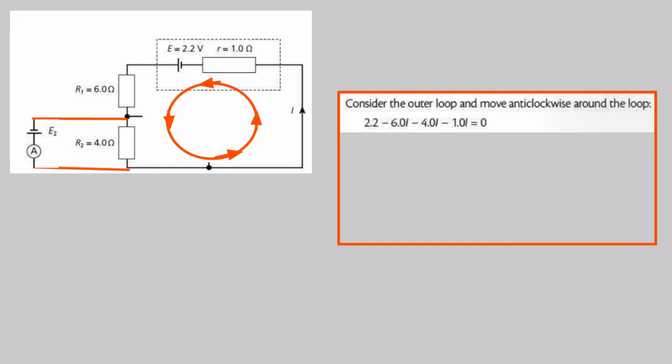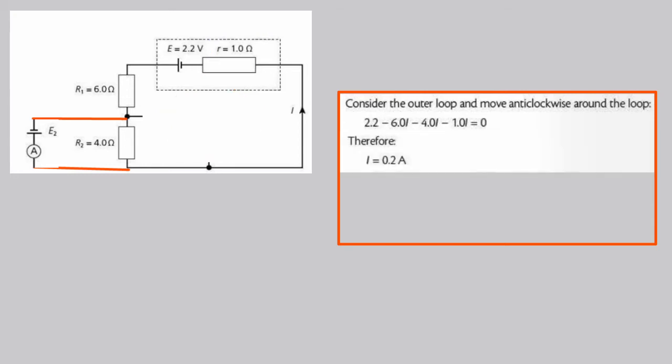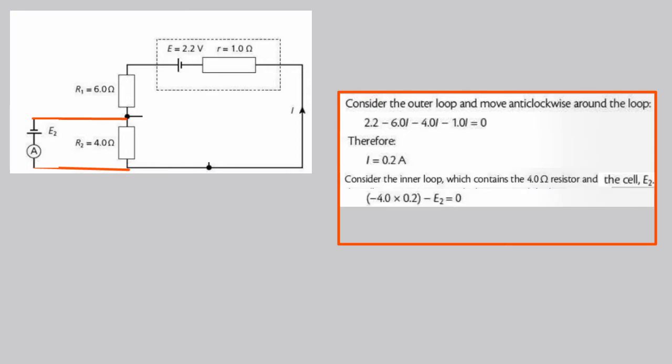Therefore, the electrical current is equal to 0.2 ampere. And then, consider the inner loop which contains the 4 ohm resistor and the cell E2. Again, move anticlockwise around the loop.